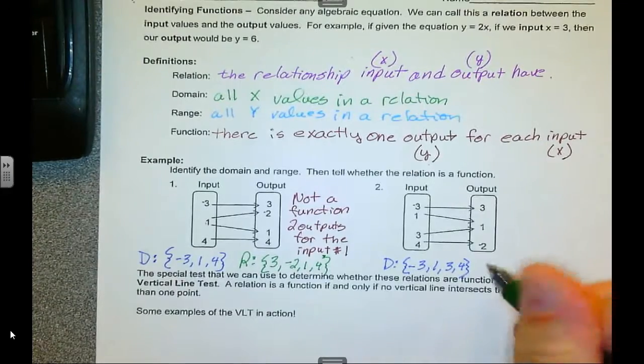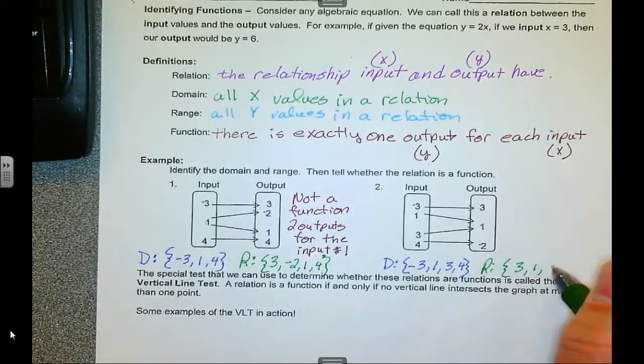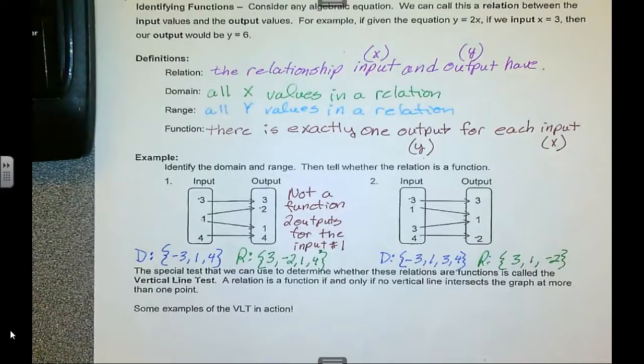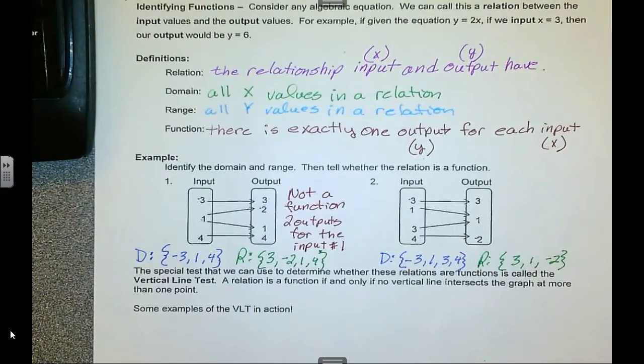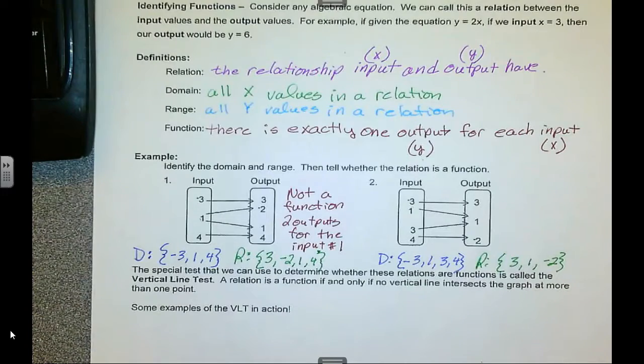And my range? Okay, think about what a function is. Has exactly one output for each input. How many inputs do I have? How many outputs do I have?